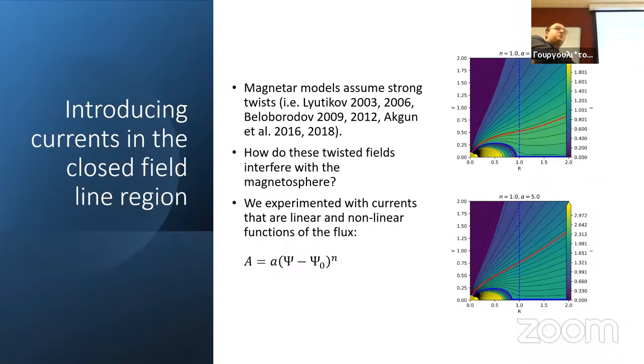Now, I'm moving to some other part that is relevant, because we haven't dealt yet with this region here where we have the closed field lines. Several models, essentially magnetar models, usually assume that the magnetosphere is twisted.